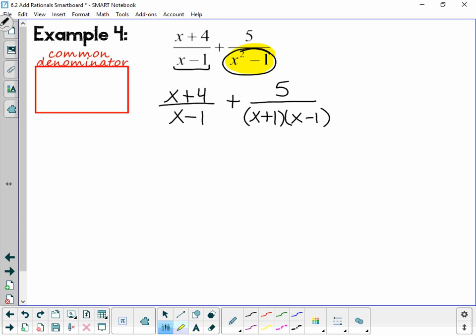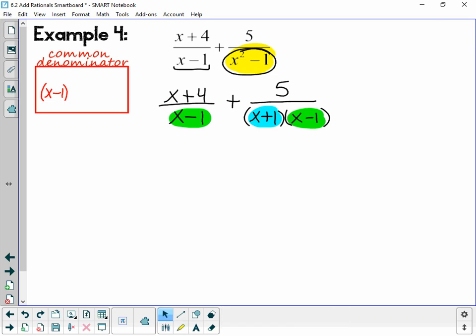So when we look at this now, you can see that both of the fractions already have an x minus 1. We definitely are going to have x minus 1 as part of our common denominator. Both of them have that already. But the second one also has a factor of x plus 1. So we're going to need that as part of our common denominator as well.